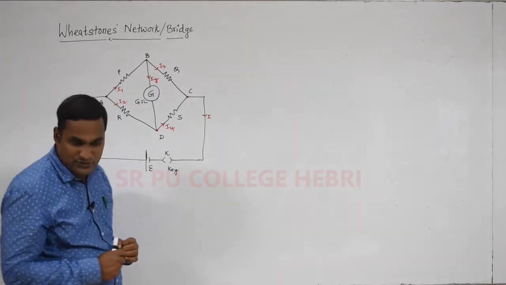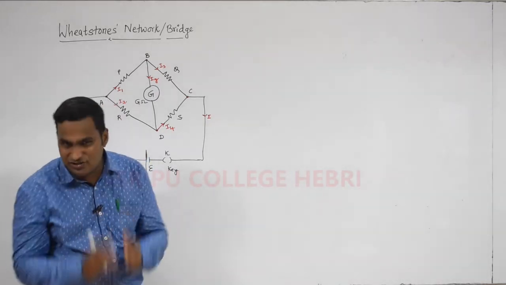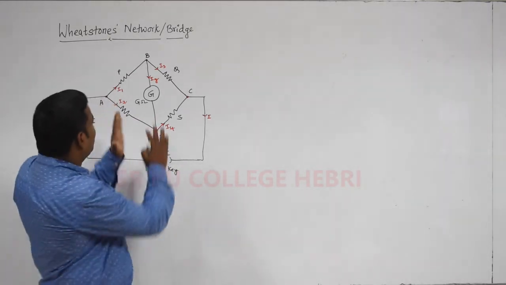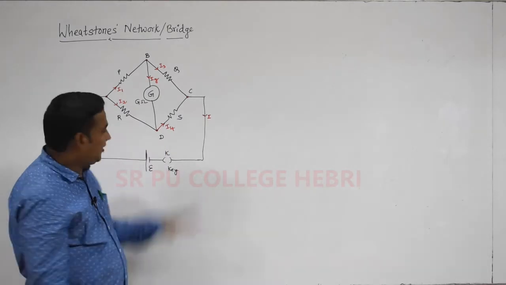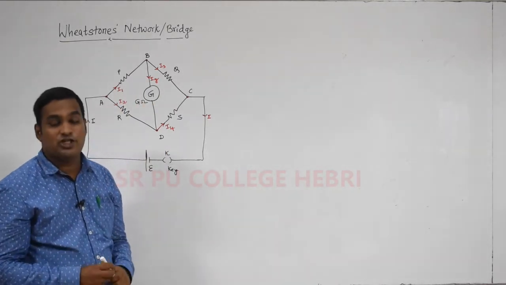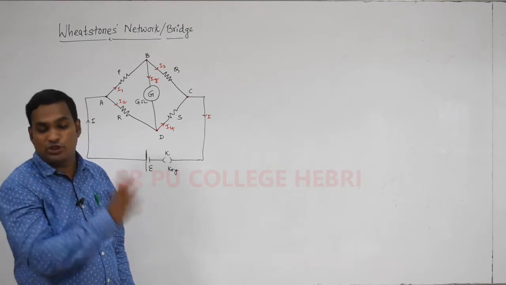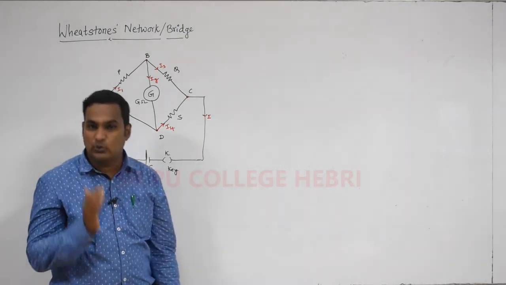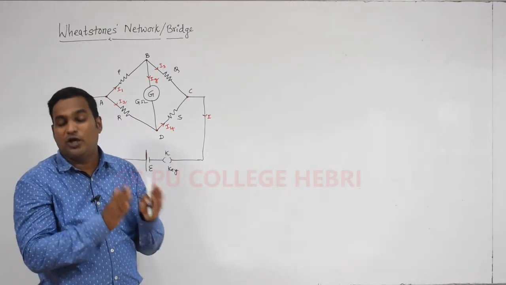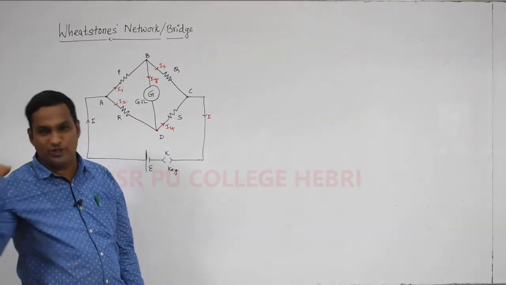The question is like this: obtain the balanced condition of Wheatstone bridge by using Kirchhoff's law. The circuit diagram is clearly given, and with the help of this circuit diagram you have to find the balanced condition. First apply Kirchhoff's junction rule, then apply Kirchhoff's loop rule. By combining the first rule and the second rule together, we get the balanced condition of Wheatstone bridge.